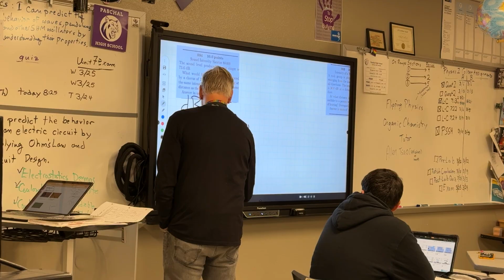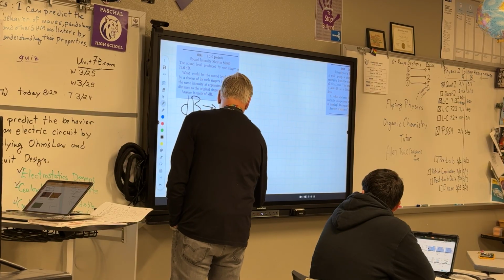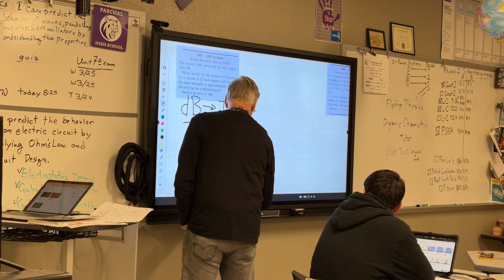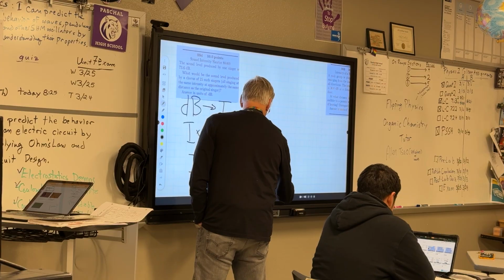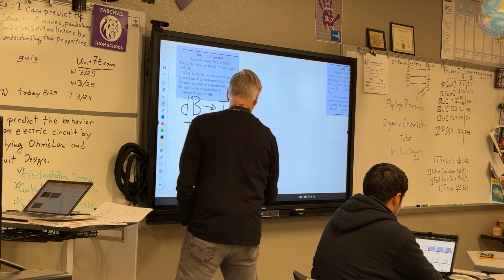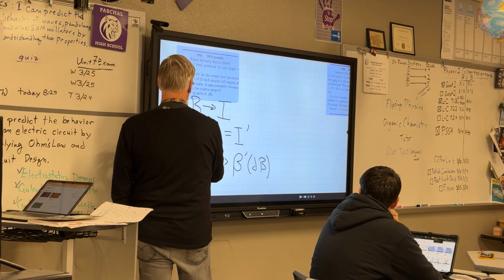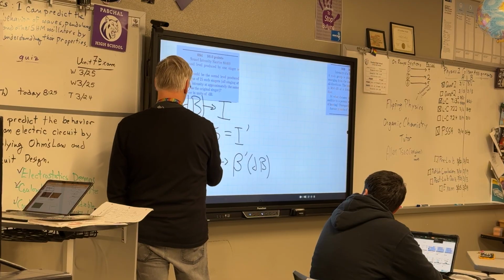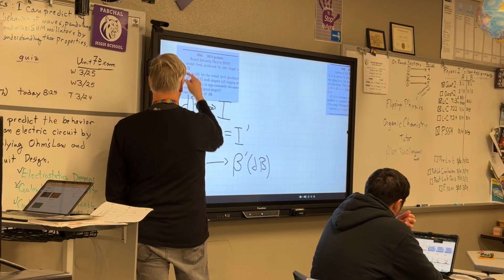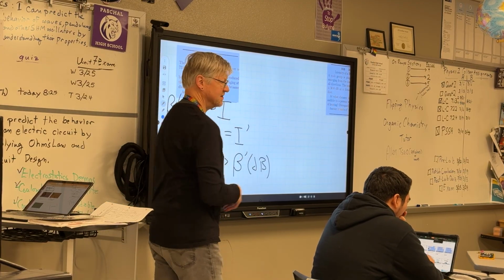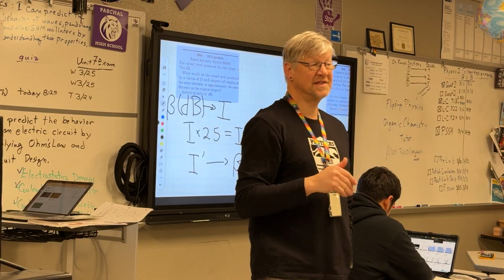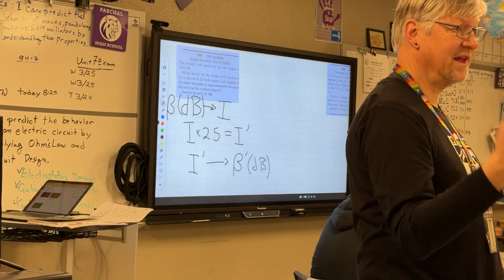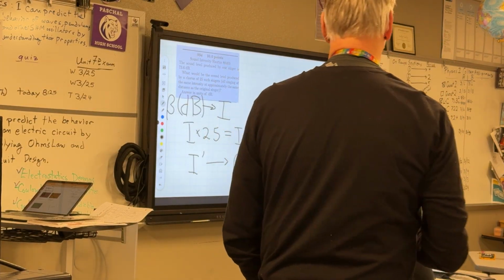Then I'm going to use that I prime to calculate beta, which is the number of decibels. That's a new number of decibels, right? So we started out with a number of decibels that's given to us. We're going to change that to intensity. Because the intensity is what goes up by 25, the letter I goes up by 25, not the letter beta.